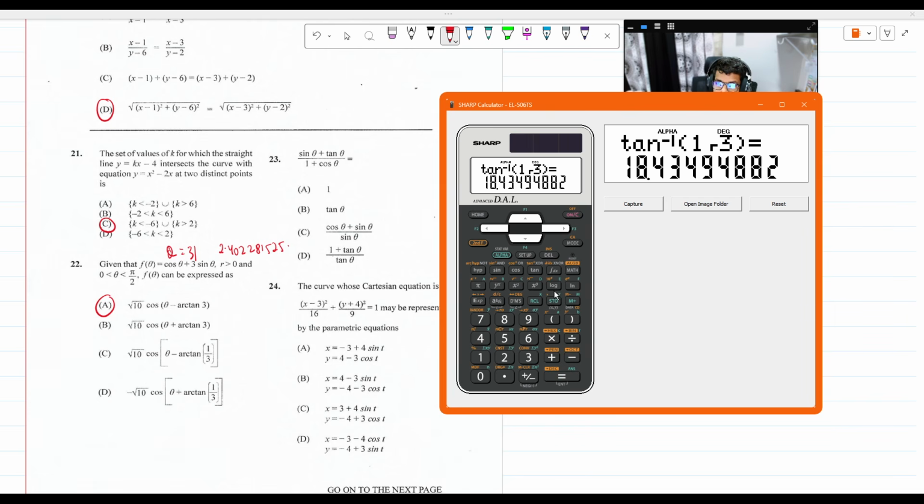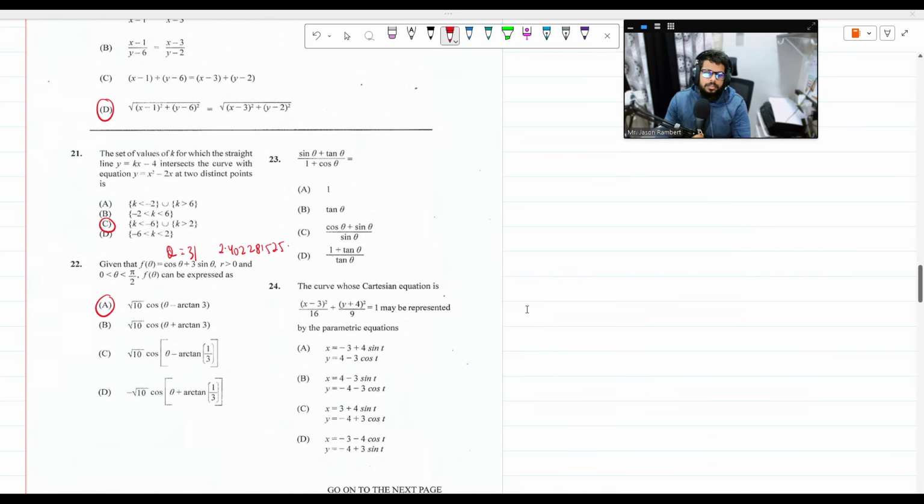Store that in E. So we're going to have root 10 cosine 31 take away E. Nope. And then 31 plus E, minus, well, I'll multiply this by minus 1. 2.056 multiplied by minus 1, and we wouldn't get the answer. So just showing you that the rest are not accurate.